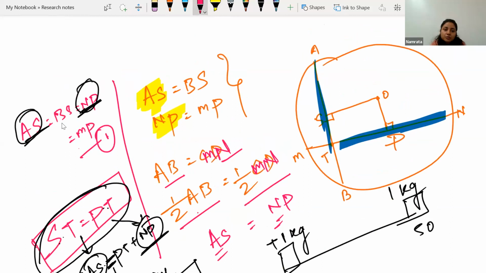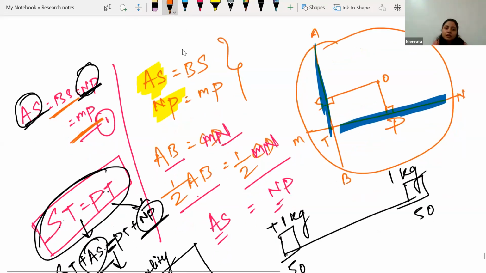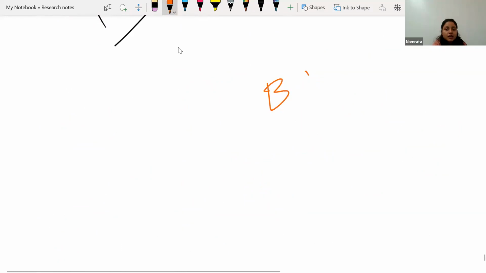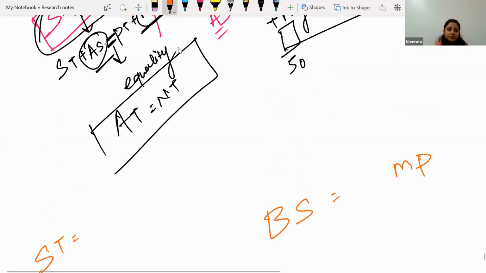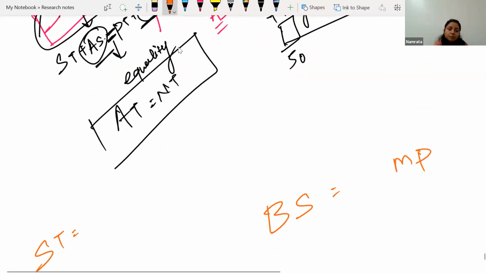Here I am going to use BS is equal to MP. I am going to use this case, BS is equal to MP. I am going to write it because all together are equal. So obviously BS is equal to MP. Now we also have in hand ST is equal to PT, by CPCT. We will do the subtraction.